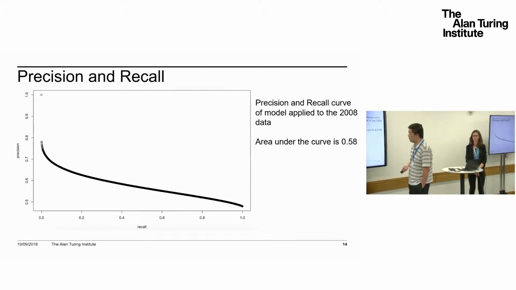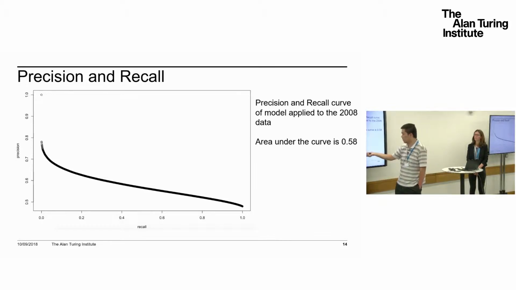So basically the intuition is when recall is 1, that's basically when you're... This curve is generated because logistic regression gives you a continuous output. So you have to define a probability threshold to say, okay, if the probability is over 0.5, we're going to say that's a delay. If it's less than that, we're going to say it's not a delay.